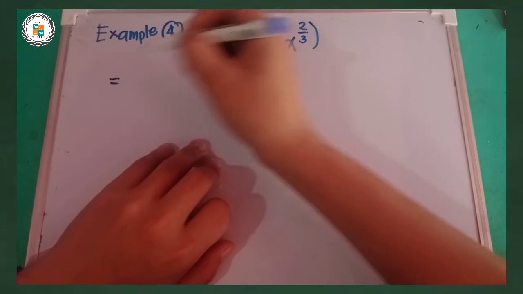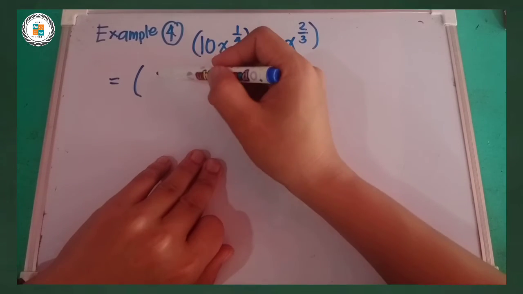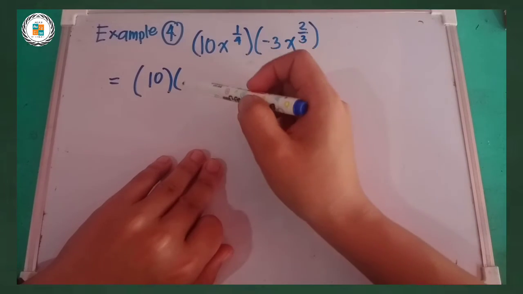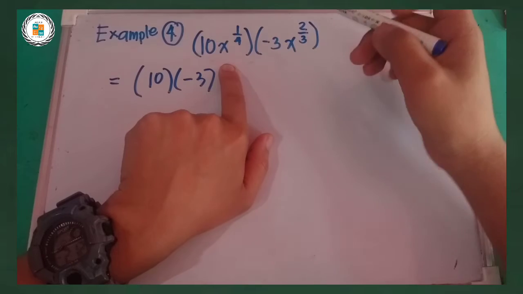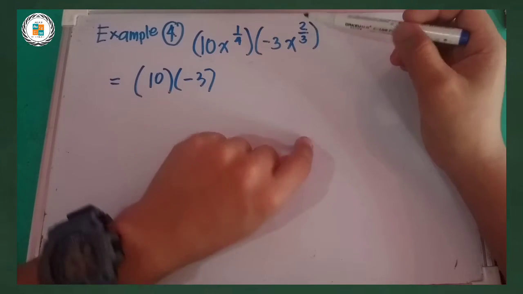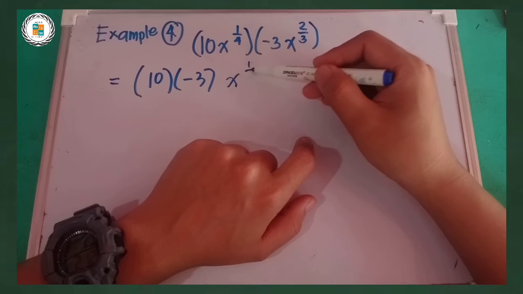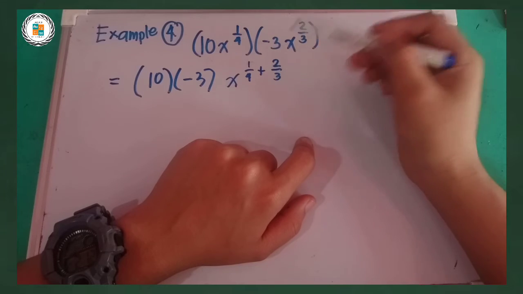So here's the solution. Copy the constants. We have 10 times negative 3, and we have here x raised to the power of 1/4 times x raised to the power of 2/3. So we copy the common base which is x, and let's add their exponents. 1/4 plus 2/3.